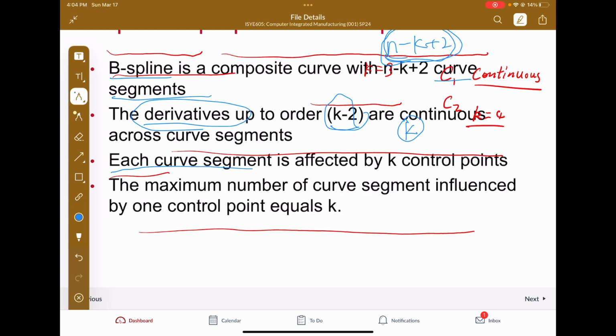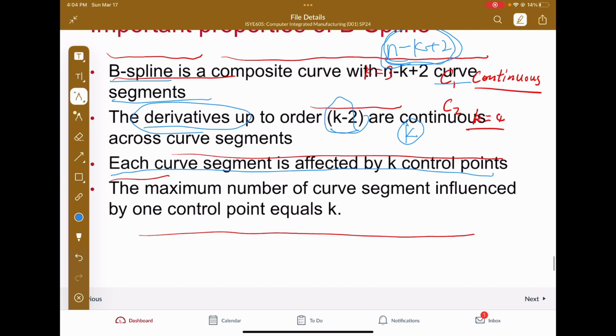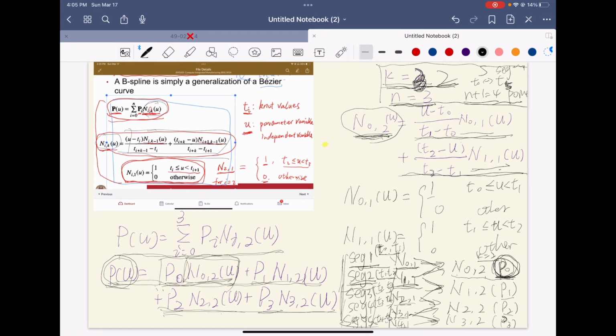And each curve segment is only affected by k control points. So for example, in our case, k equal to 2, right? So for p0, we only affect segment 1 and segment 2. That means we only affect 2 segments.